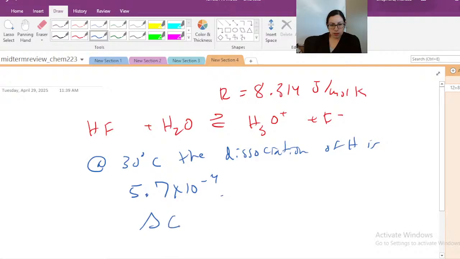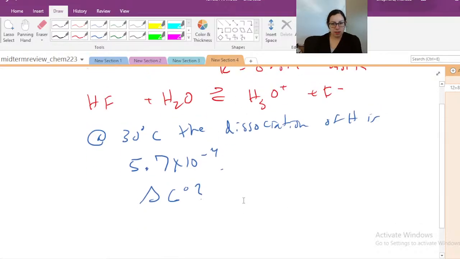So what is the delta G then for this reaction? So again, formula cheat sheets are going to be helpful for this exam. Maybe you tab your textbook too of relevant formulas or rewrite them.